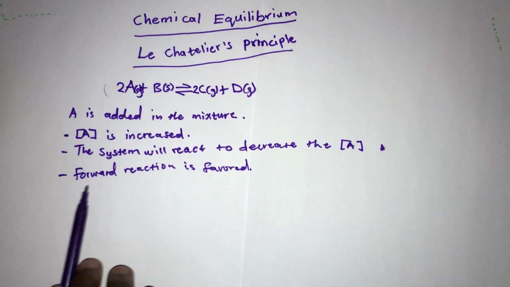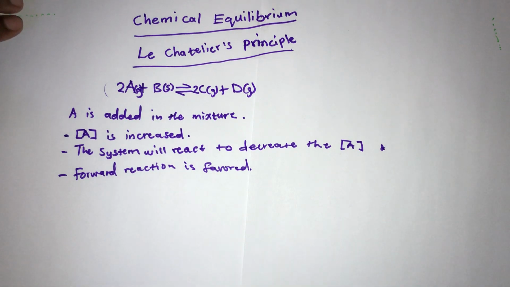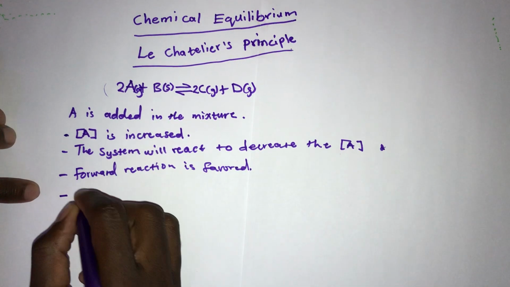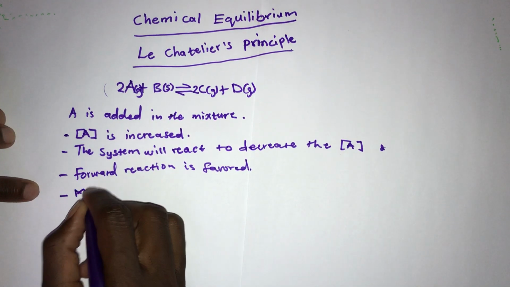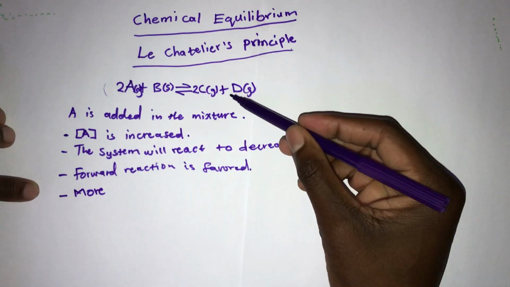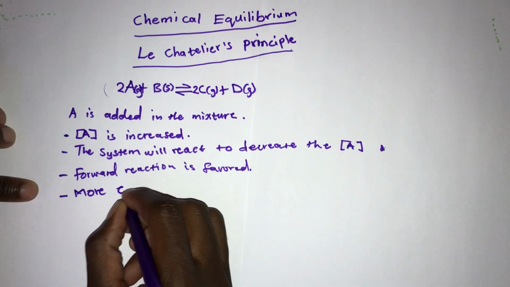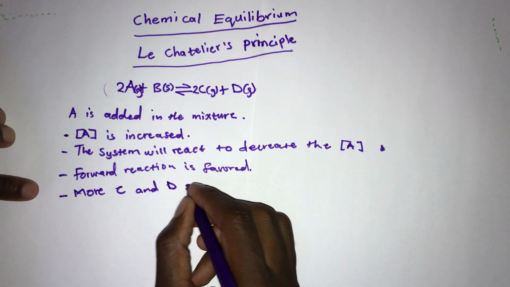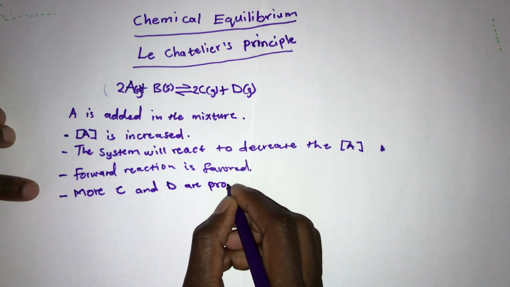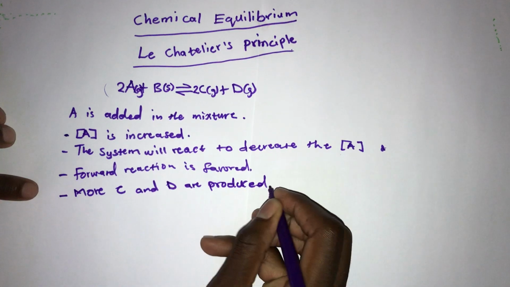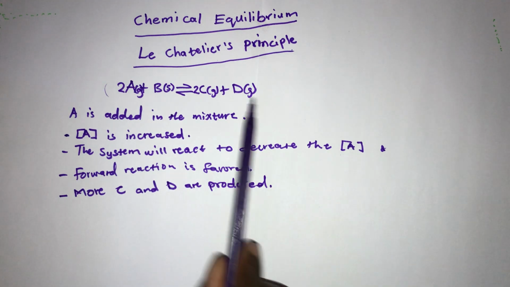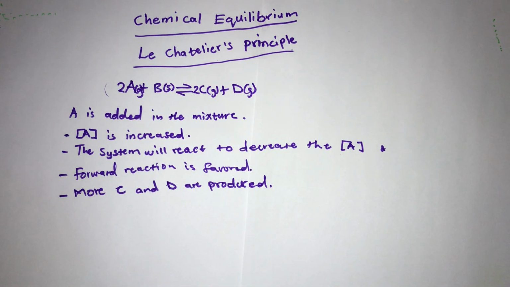So now the forward direction is favored, and the last point we are going to say is that since this side is favored, more C and D are going to be produced according to Le Chatelier's principle.